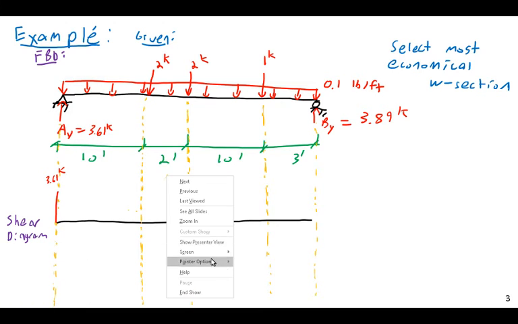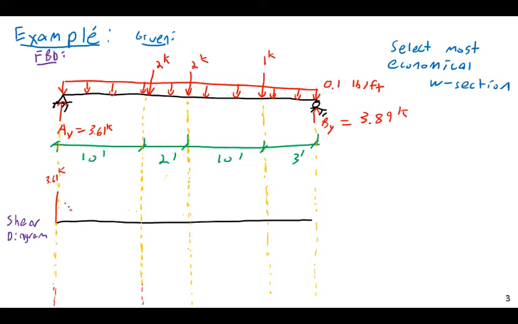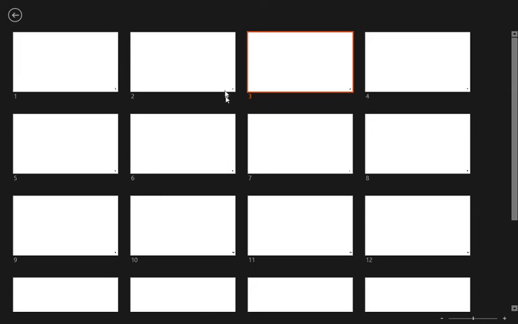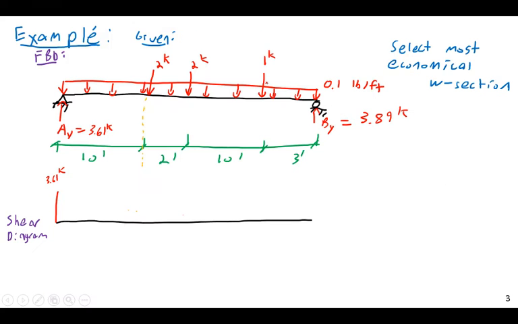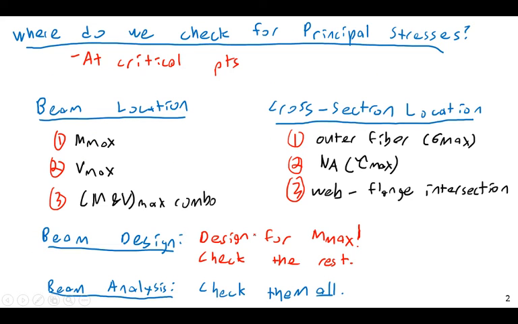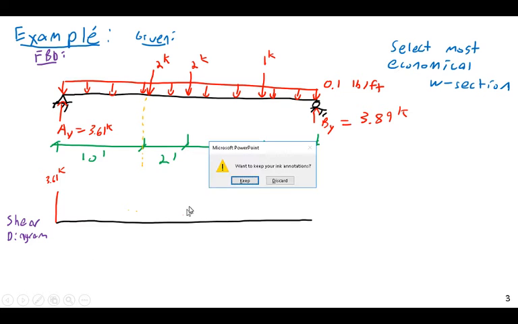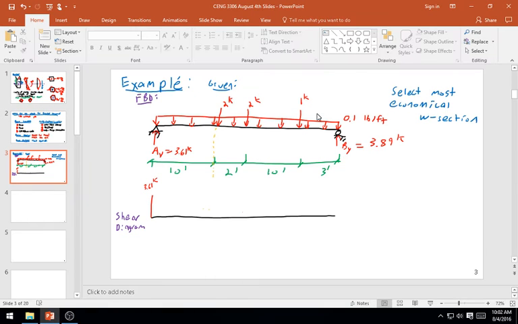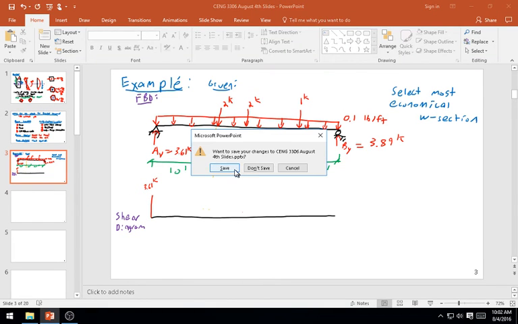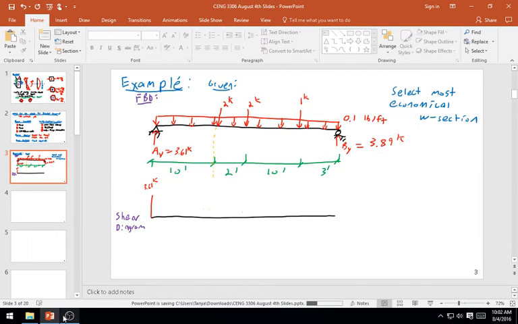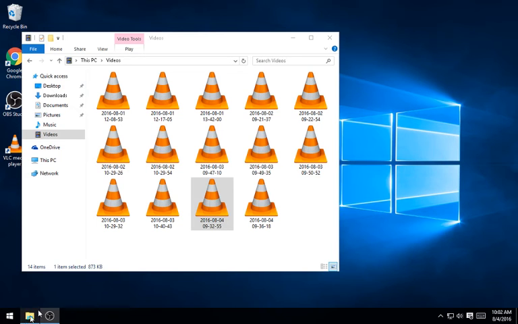There. Okay. So again, let me finish this shear diagram. Why did those change color? Sorry, I'm having some issues. PowerPoint's behaving a little weird. Let me reboot it. Just a second, sorry about this.